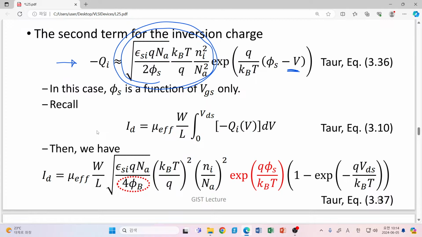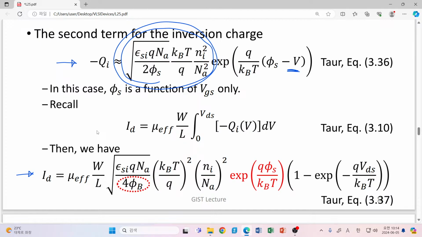So when we did it, now we have this expression. Please note that this expression is not a general expression, but it is valid for our sub-threshold region. So now we can have this equation.